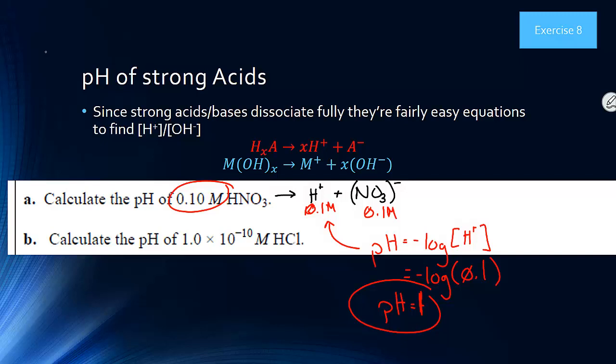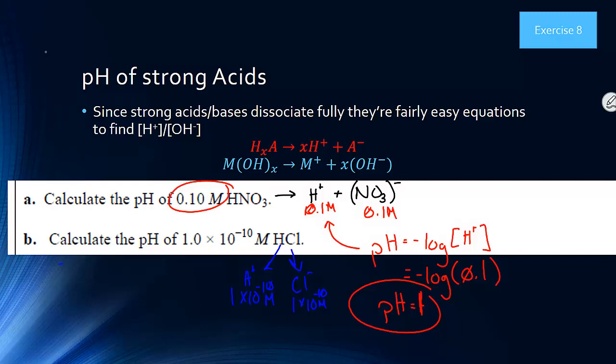Hydrochloric acid also is going to dissociate completely. So when it dissociates, I get a hydrogen and a chloride ion. The concentration is going to be a 1-to-1 ratio. For every one hydrochloric acid that dissociates, I get one hydrogen ion and one chloride ion. So if 1 times 10 to the negative 10th dissociates, I'll have 1 times 10 to the negative 10th molar of each of the ions.